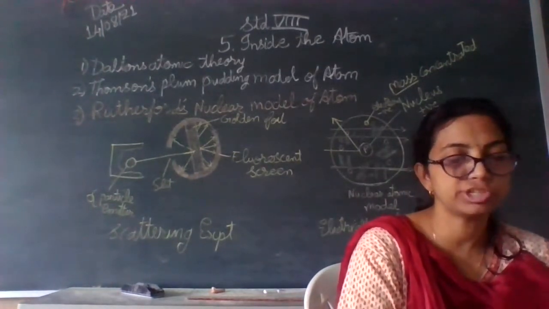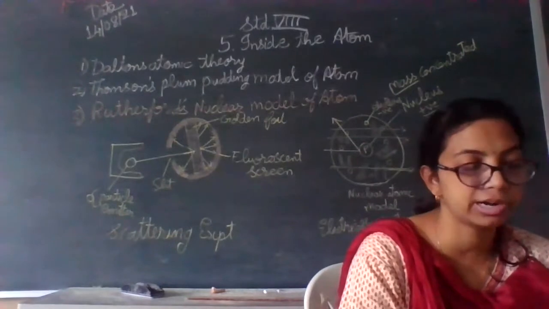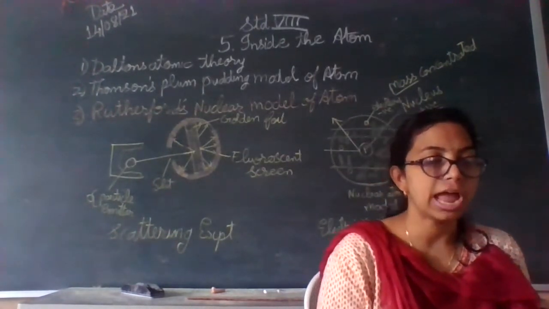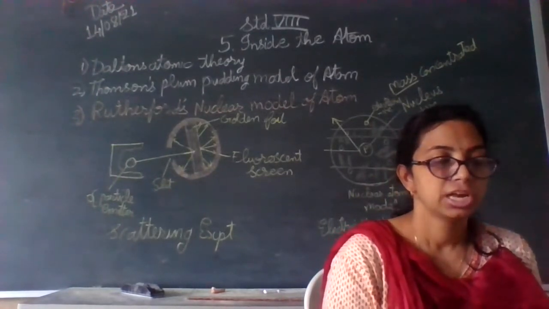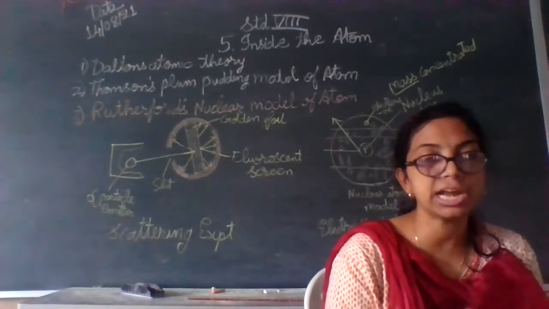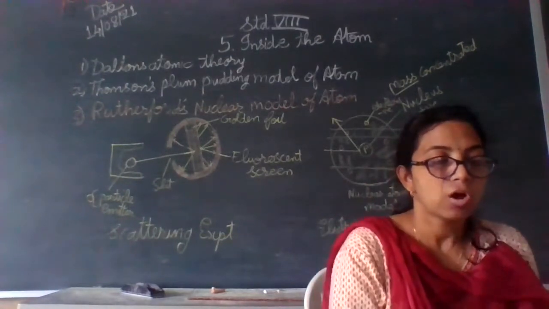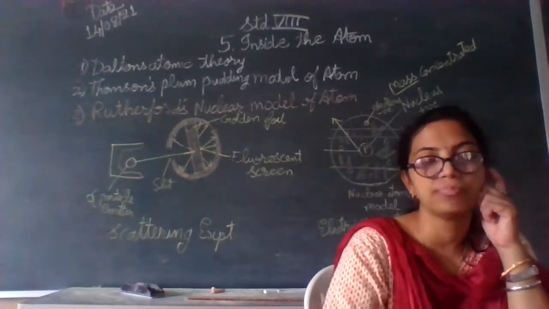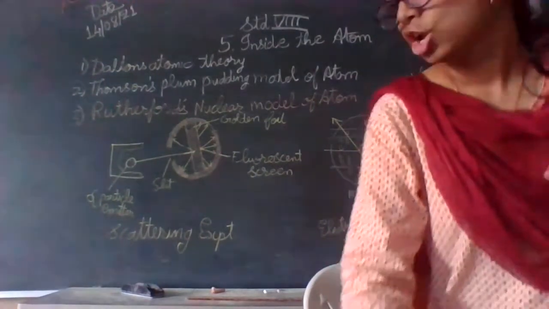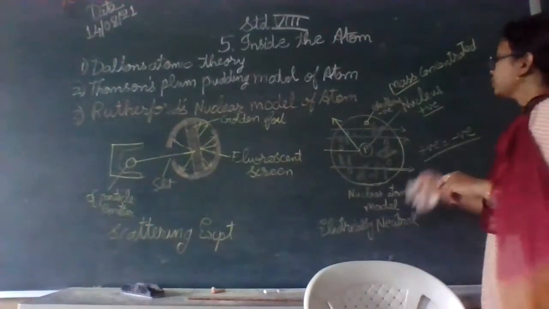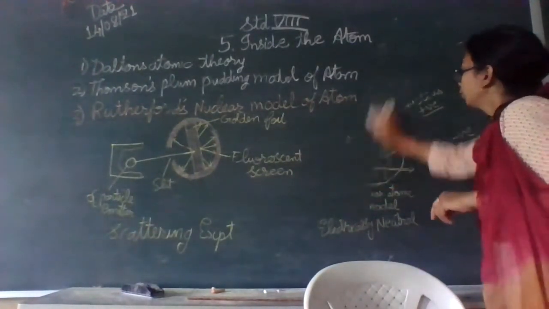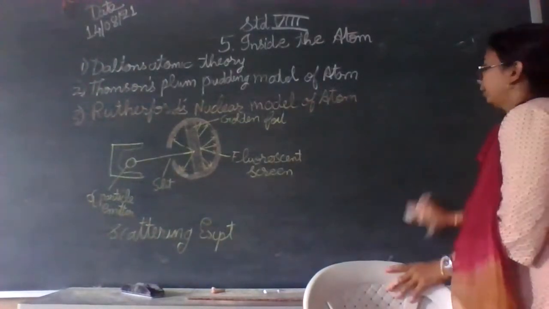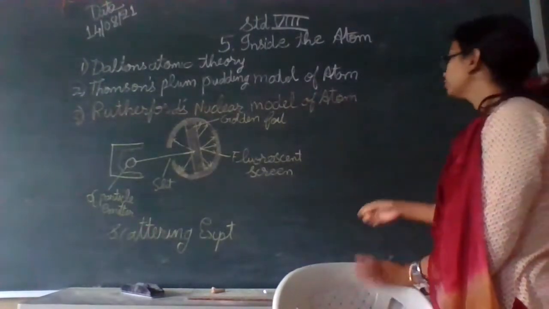The important postulates of Niels Bohr's model are: the electrons revolving round the atomic nucleus lie in concentric circular orbits at certain distances from the nucleus. So again, you can see that Rutherford's model was corrected by Niels Bohr.